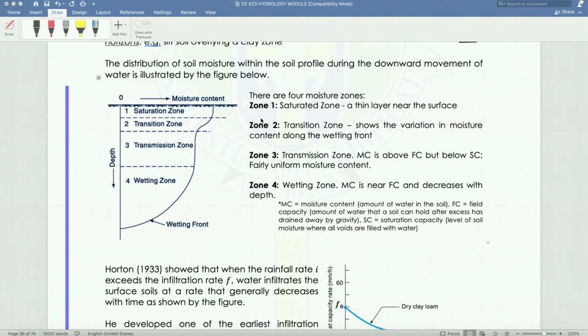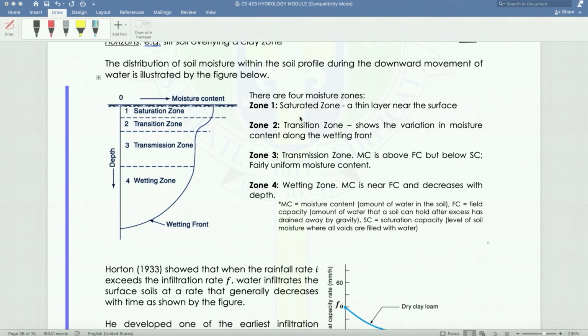So, we have zone 1, zone 2, zone 3, zone 4. We have here the x coordinate and we have here the y coordinate. Okay, so x coordinate is along the plane surface, and y coordinate is the depth. So take note, this is the diagram during precipitation.